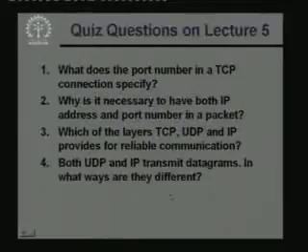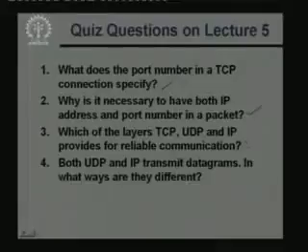Okay, fine. So, now let us very quickly look at some of the questions from today's lecture. What does the port number in a TCP connection specify? Why is it necessary to have both IP address and port number in a packet? Which of the layers TCP, UDP and IP provides for reliable communication? Both UDP and IP transmit datagrams.